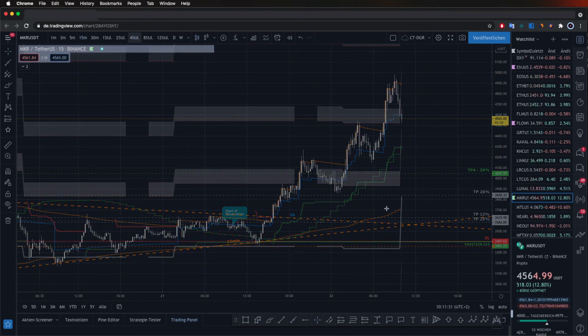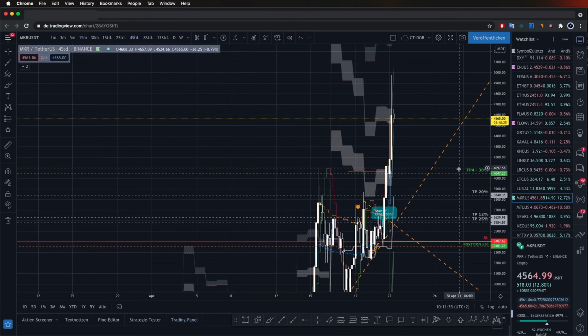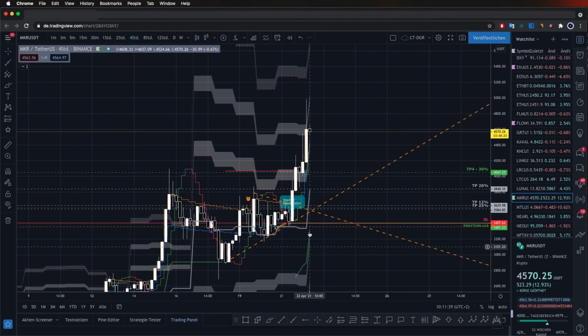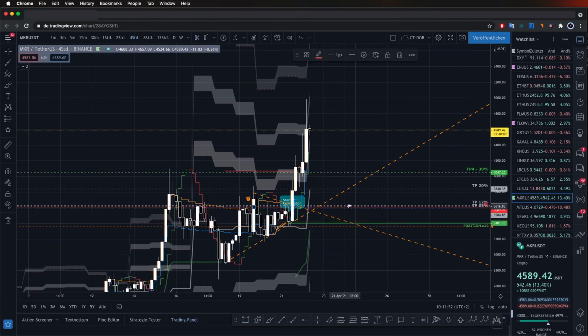I will go to the 4-hour just to set my new stop loss. Let me see. The 4-hour bullish trend is still beneath our stop loss, but the step line is already somewhere here. So I think what I will do now is put my stop loss somewhere here, beneath the closing point of the former candle, which made the former all-time high.